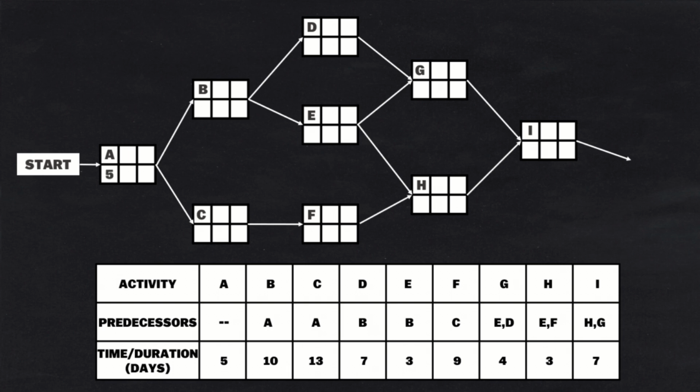A has a corresponding time of 5, B has 10, C has 13, D has 7. E has a corresponding time of 3. F has 9. G has 4. H has a corresponding time of 3, and I has a corresponding time of 7.